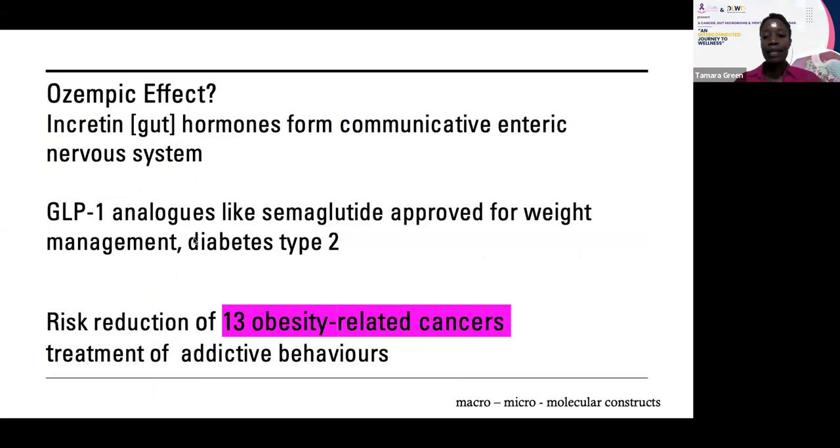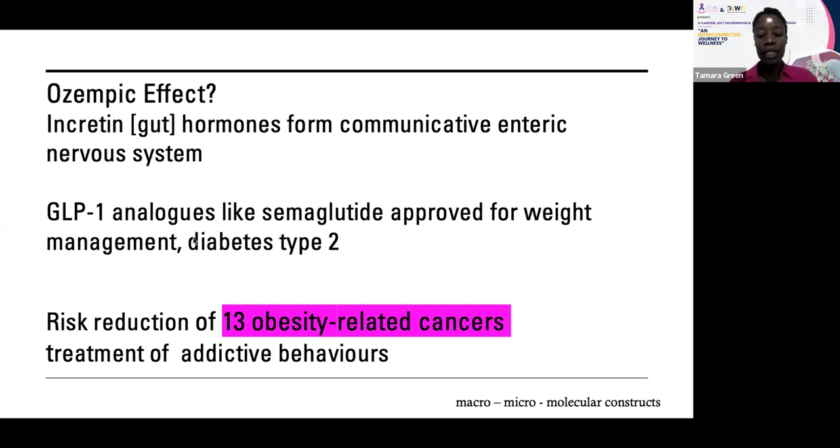Now on to the Ozempic effect. Now Ozempic is a group of drugs that is the latest craze. As a matter of fact, I was in awe initially at what Ozempic was doing. Ozempic belongs to a synthetic group of analogs to GLP-1.